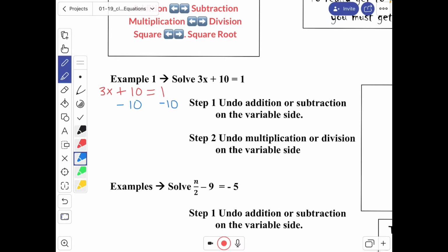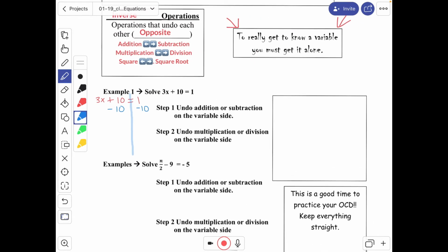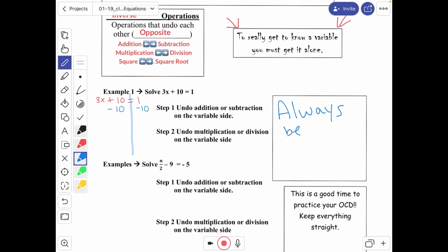And if you do something to one side, you have to do it to the other. We have to stay fair. So think of this equal sign as a great divide, a border, a wall. You must do it on both sides to stay balanced. It says over here, always be fair.